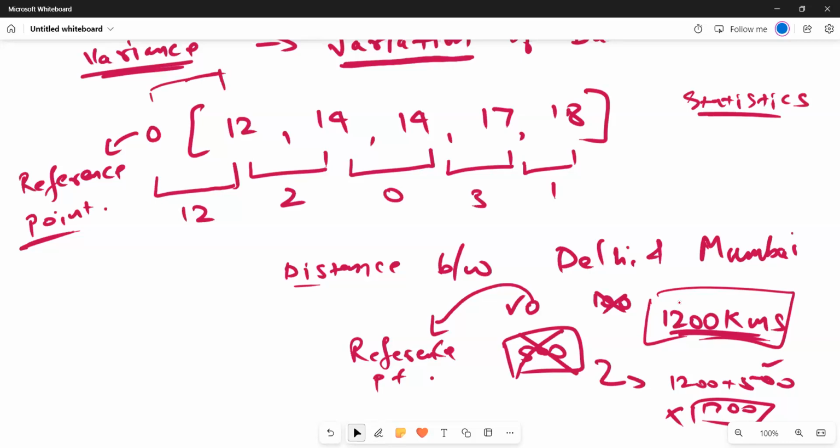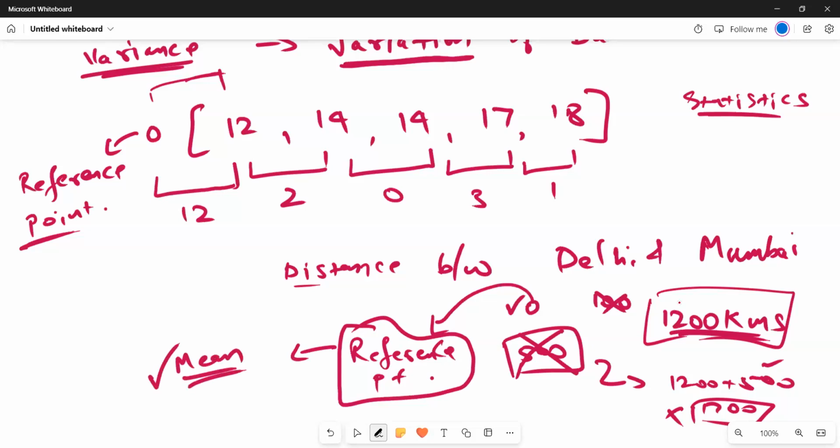So to tackle this problem, we shift this reference point from origin to the mean of the data. Why only mean? Because this mean is the average value of my data set only.